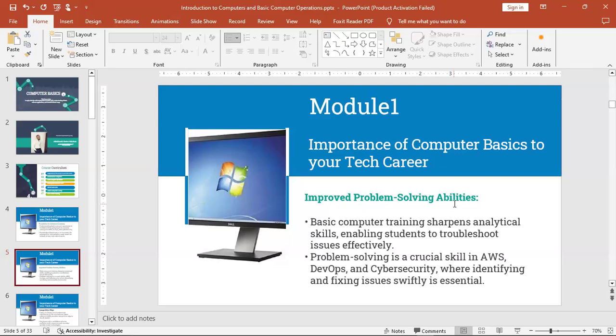Know how to maneuver those things. So that's why this course is very important. Problem solving is a crucial skill in AWS, DevOps, and cybersecurity, while identifying and fixing issues swiftly is essential.